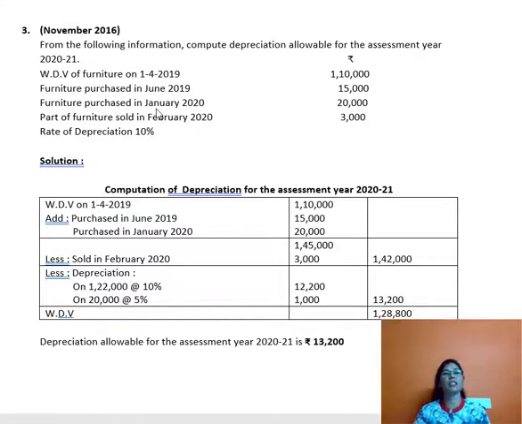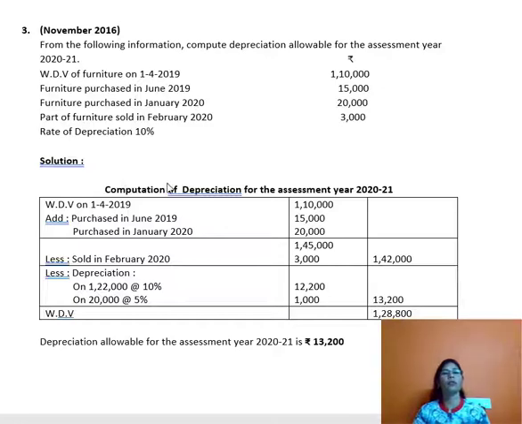Furniture purchased in January 2020. Now the furniture which is purchased in June 2019 is used for more than 180 days. But one which is purchased in January 2020 is used for less than 180 days. Again, part of furniture sold in February 2020 is 3,000 and the rate of depreciation is 10%.